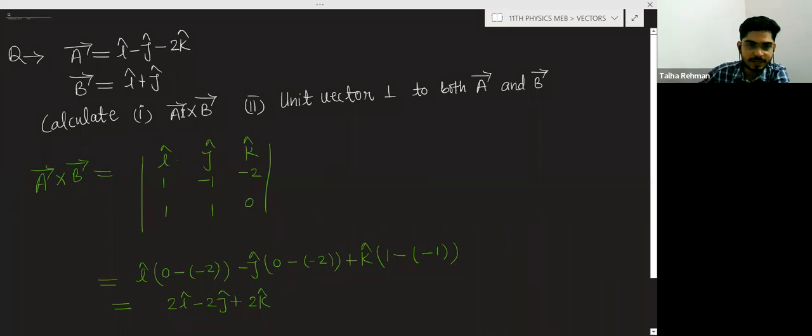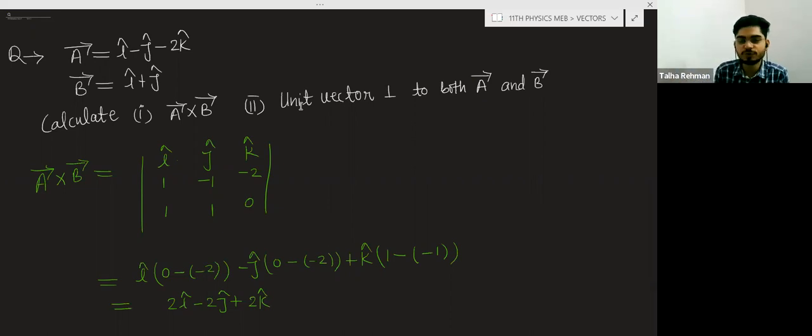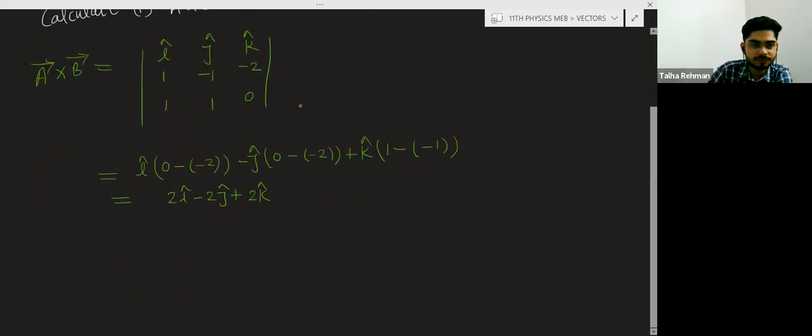Now they are asking for a unit vector perpendicular to the A vector and the B vector. This is answer number first, and this is answer number second.